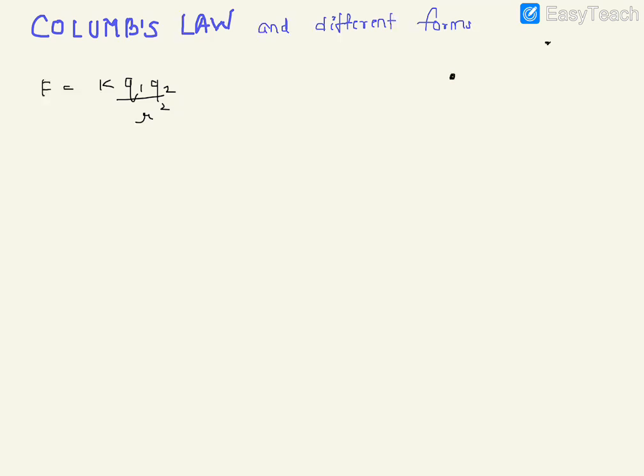So we must understand what goes behind Coulomb's law. So this is the r bar, and this is my origin, q1 charge, q2 charge, and I have r1, r2. Coulomb's law actually comes from this figure.